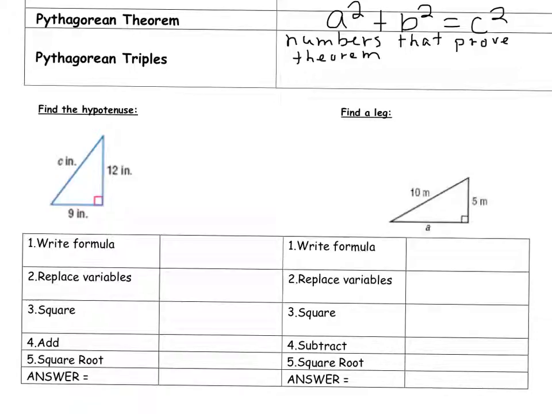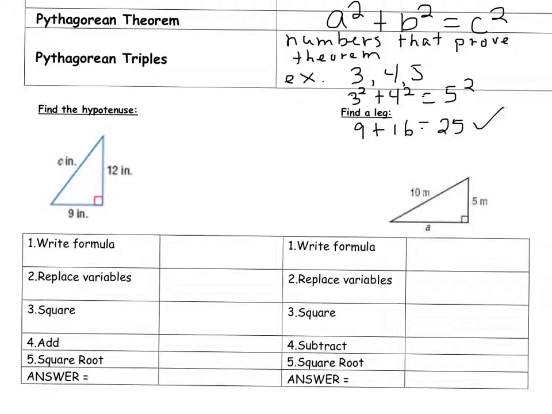So an example of a Pythagorean triple would be a 3, 4, 5 triangle, because 3 to the second plus 4 to the second equals 5 to the second power. 3 squared is 9. 4 squared is 16, and 9 plus 16 gives you 25. So that would be a right triangle or a Pythagorean triple.